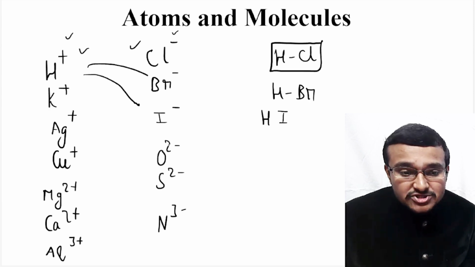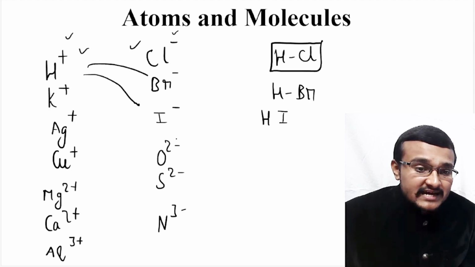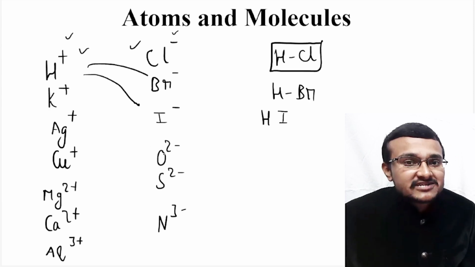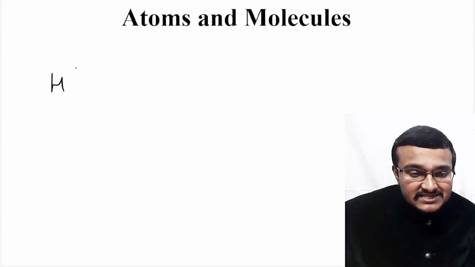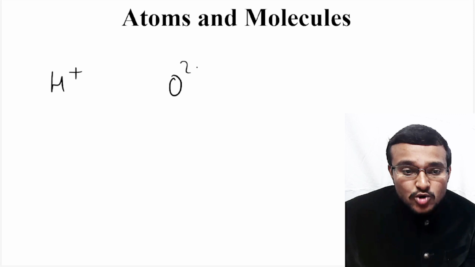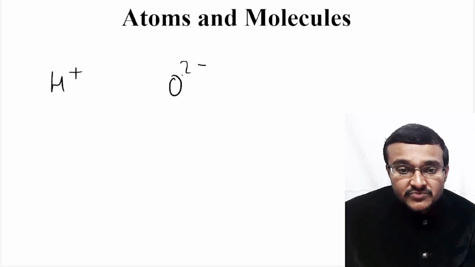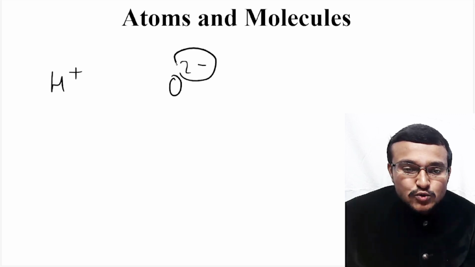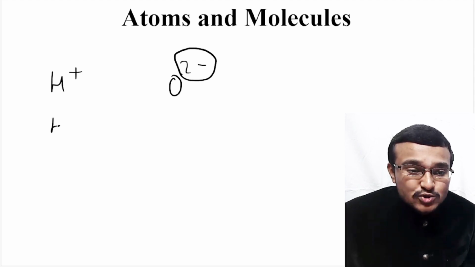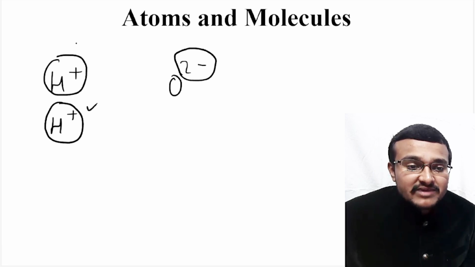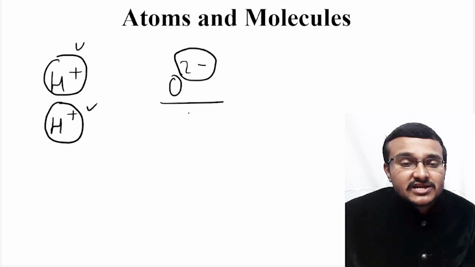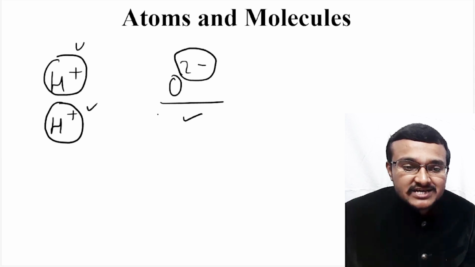Now if I consider hydrogen and oxygen, one H plus cannot satisfy two negative charges of oxygen. Here hydrogen has one positive charge, oxygen has two negative charges. To balance out these two negative charges of oxygen, you can consider two hydrogen atoms, because one hydrogen atom will have one positive charge and the other hydrogen atom will have one positive charge, and the oxygen atom will have two negative charges.